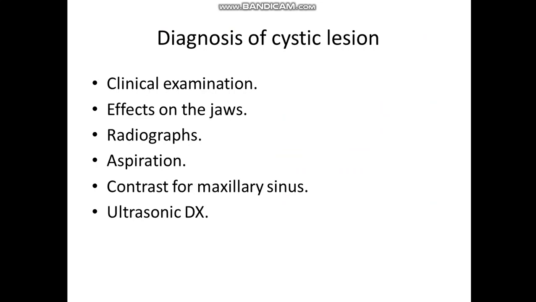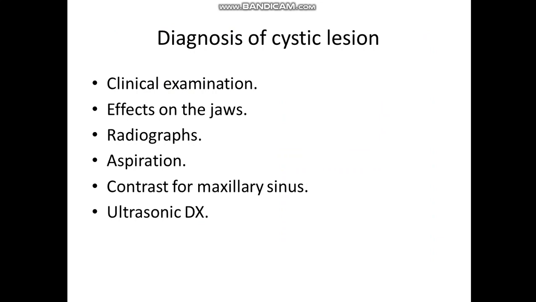The diagnosis of the cystic lesion could be through clinical examination. Usually there is swelling, but if it is small, it cannot be discovered by clinical examination unless there is radiological examination. Through clinical examination, a history of tooth extraction may indicate a residual cyst, or the absence of one of the teeth in the series might indicate a primordial cyst.